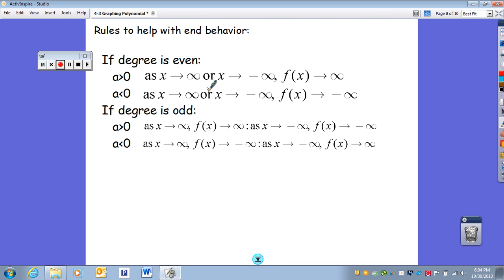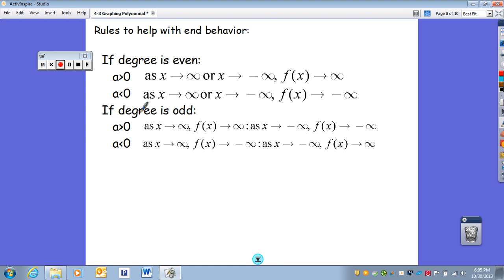And if your leading coefficient is less than 0, meaning it is a negative number, your graph will flip over the x-axis, and with x going to positive and negative infinity, the f of x will be going to negative infinity.